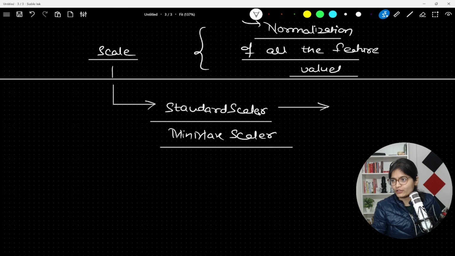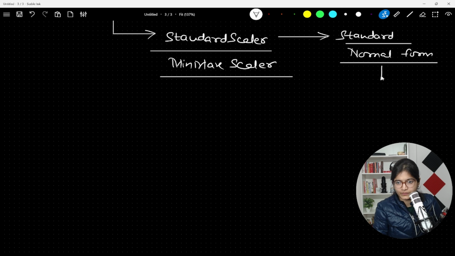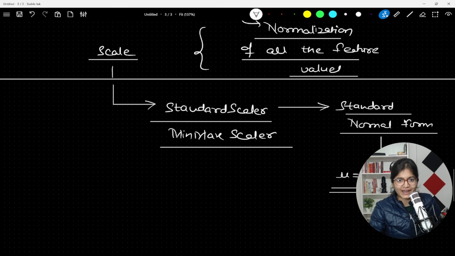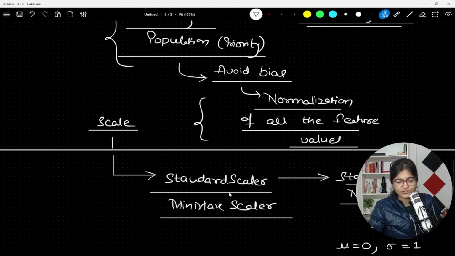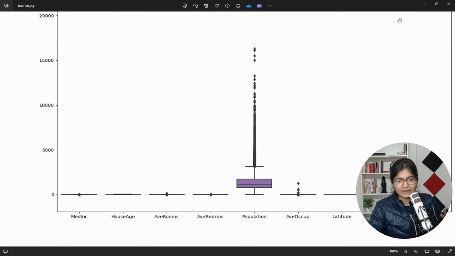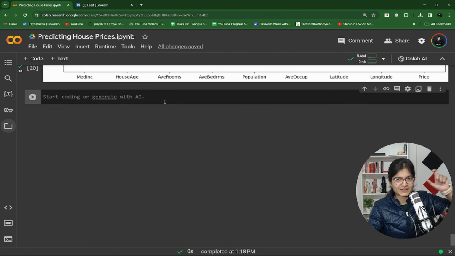It will convert all the values into a standard normal form, where the mean value is 0 and the standard deviation value is 1. I hope everyone knows the meaning of a standard normal form. So we will convert and scale our values into a standard normal form using the standard scaler. This will help keep my complete data points within some specific scale.